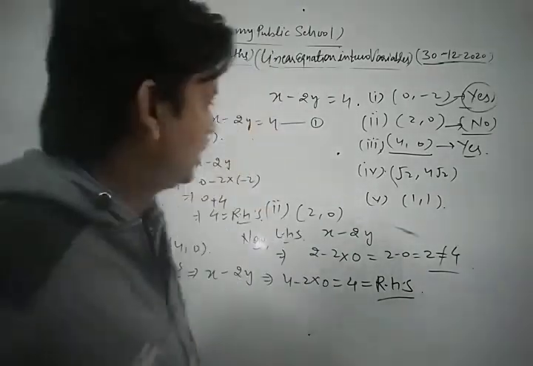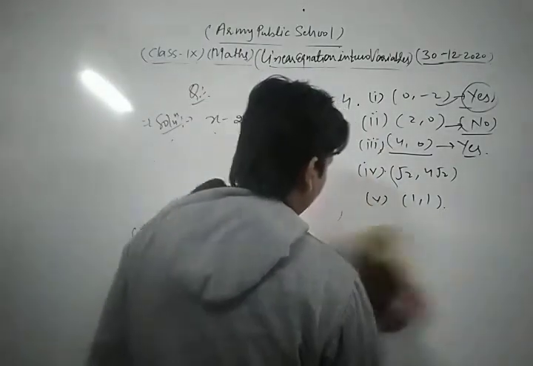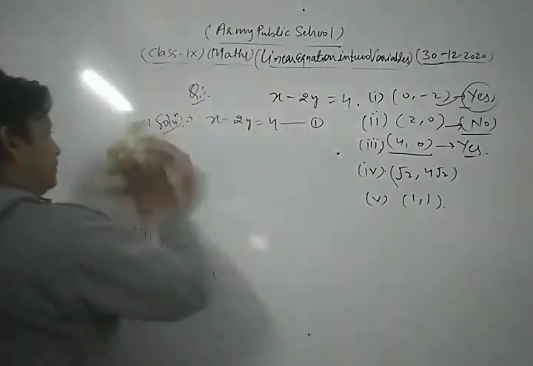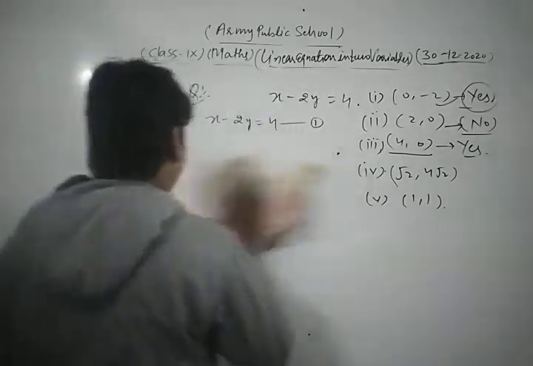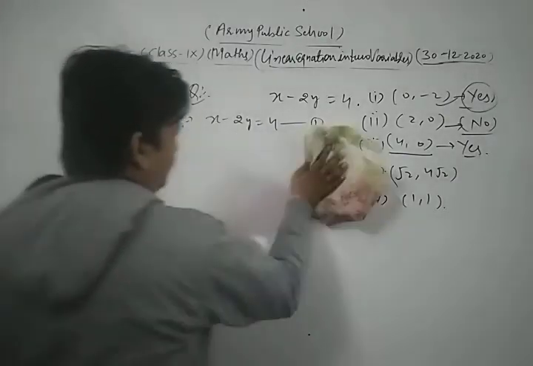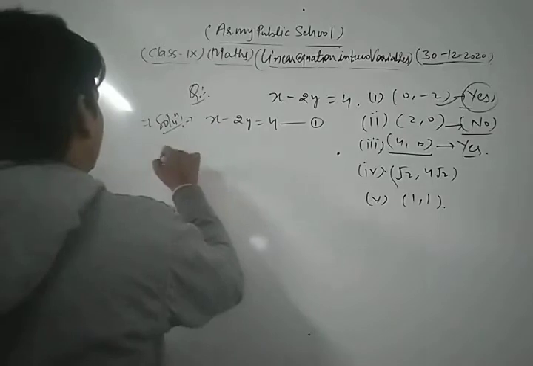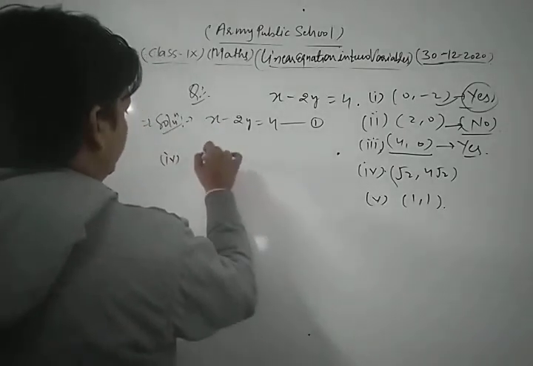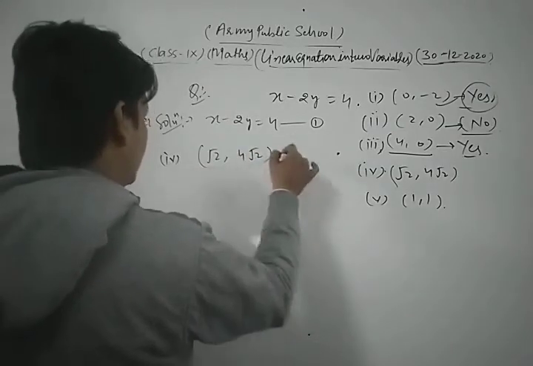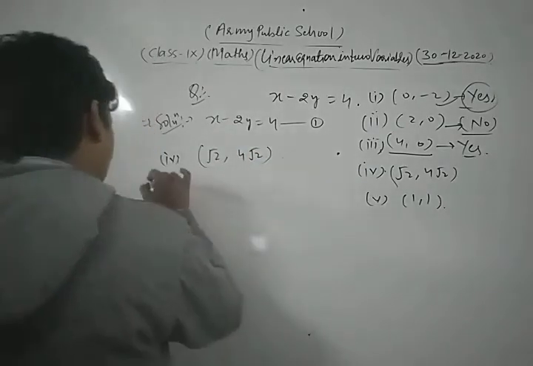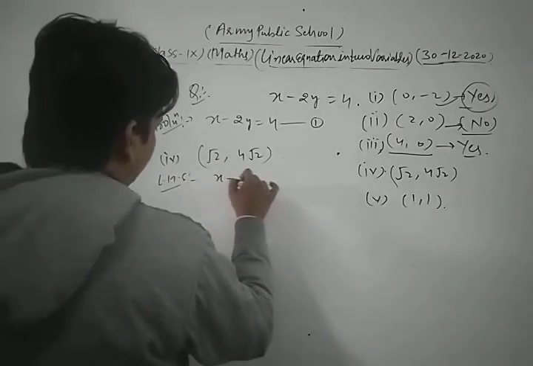Now similarly, we take and solve the fourth part of this question. Let's see. Now listen, we take and solve the fourth part of this question. The pair of values is root 2 and 4 root 2. Okay. Now again we take LHS. LHS is x minus 2y.